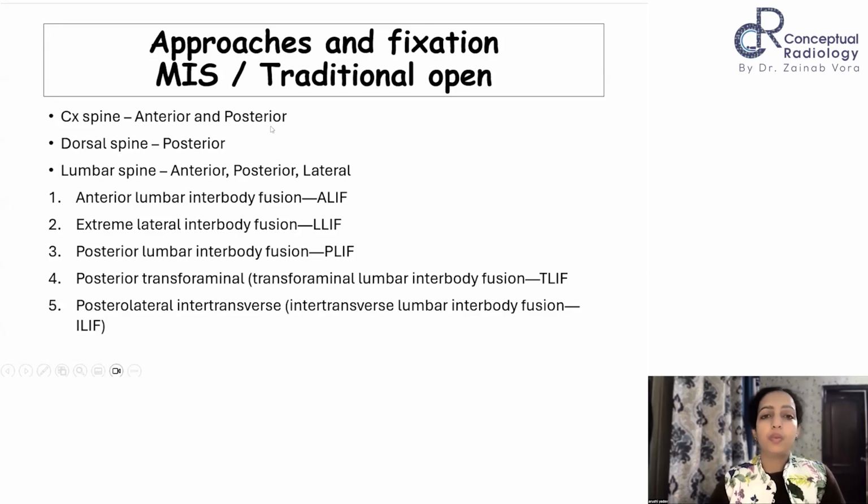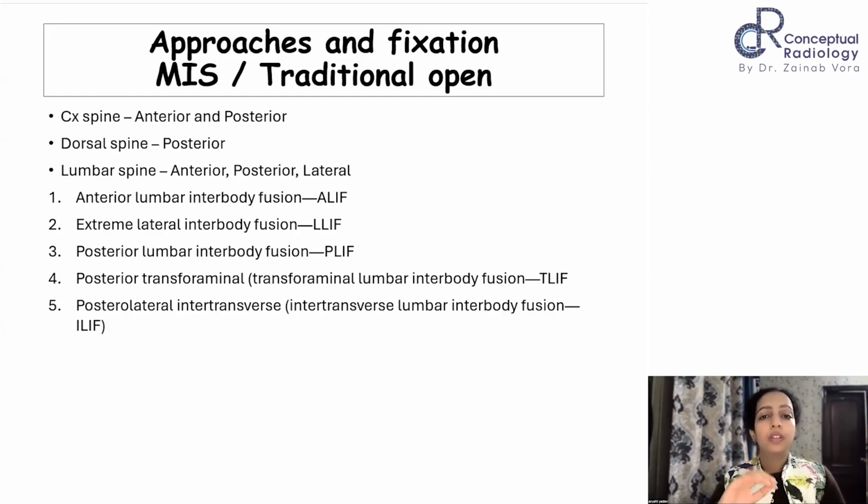There are different approaches from where you want to approach the spine, right? In the cervical spine, the approach is both anterior and posterior. Equivocally, I would even say anterior is more common than posterior. The posterior approach is more common in cases of trauma, atlantoaxial instability, or maybe platybasia, which involves occiput fixation along with C1, C2, C3.